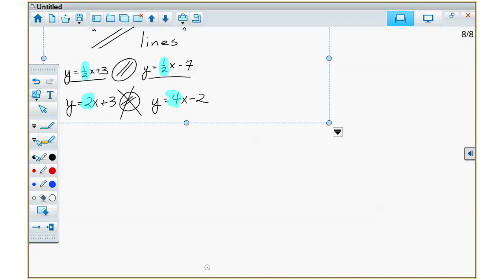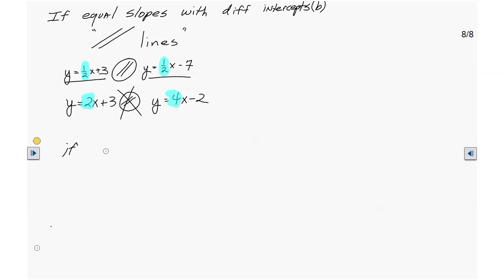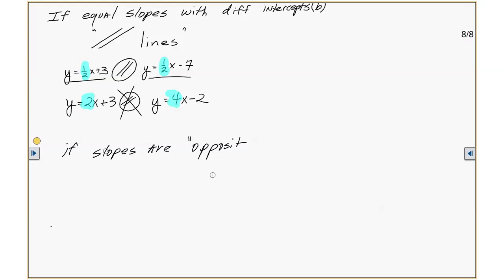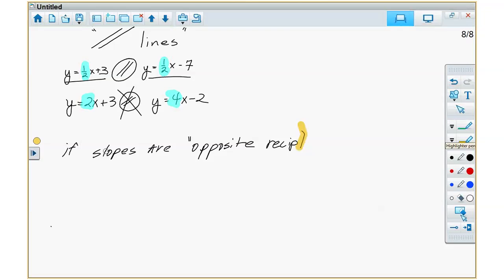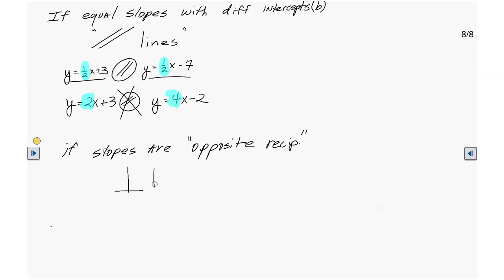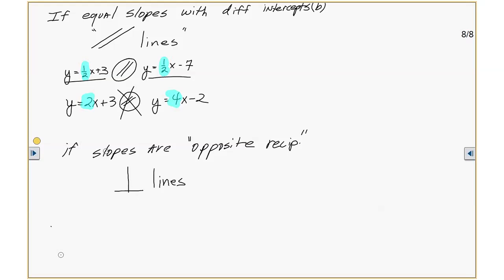If slopes are opposite reciprocals, then they are, what does that stand for? Perpendicular lines.